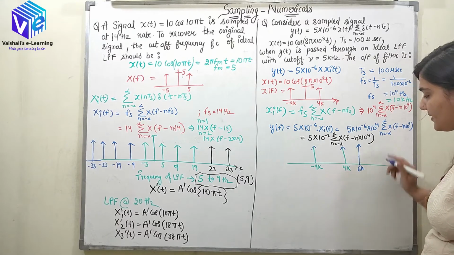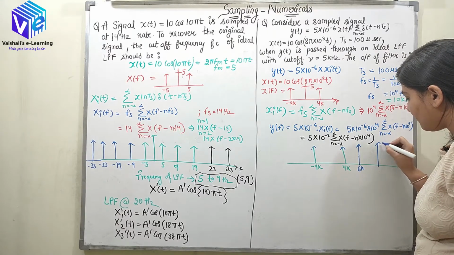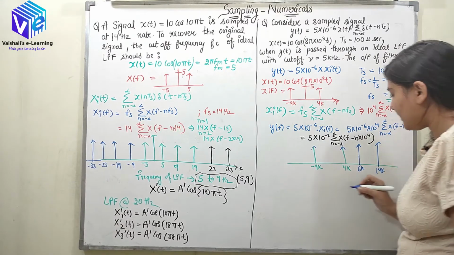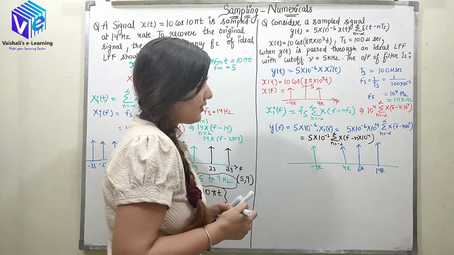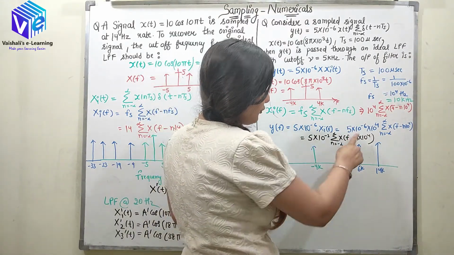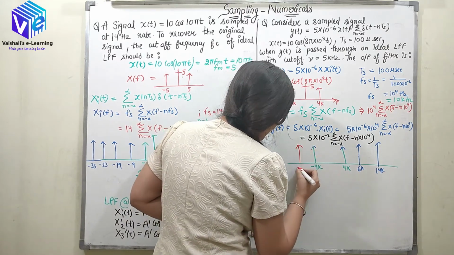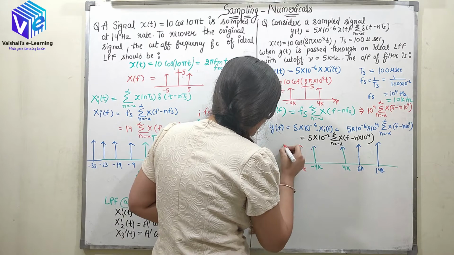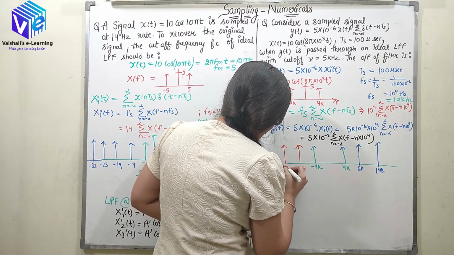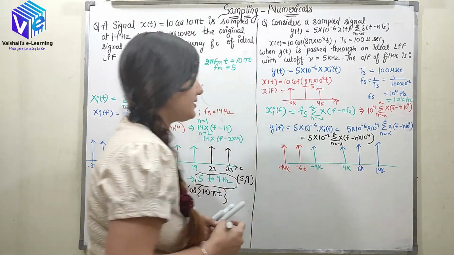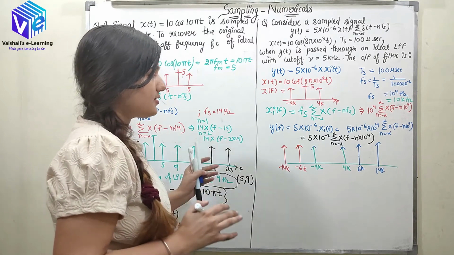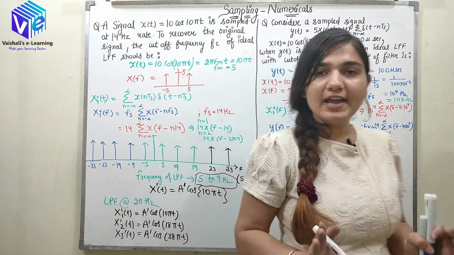Now 4 plus 10 would be 14k. Similarly, when I put n is equal to minus 1, I'll be having impulses in the negative direction. So here I'll be having minus 6k and minus 14k impulses as well. So now this is representing my Y(f).